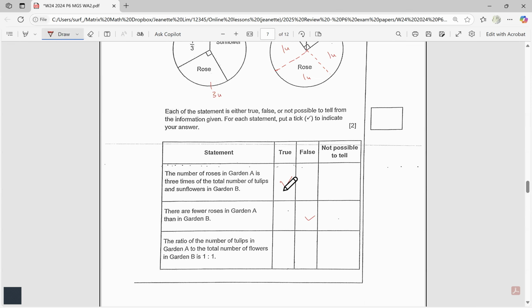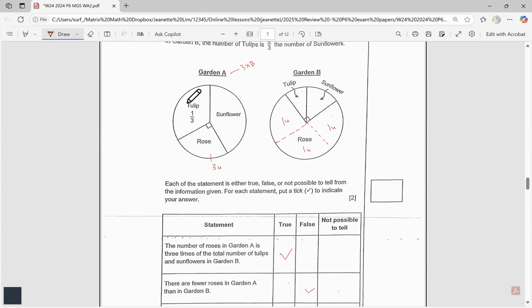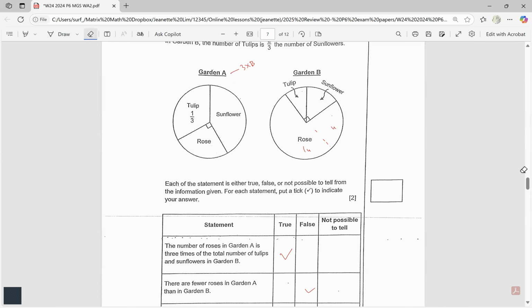The last part: the ratio of the number of tulips in A to the total of flowers in B is 1:1. Tulips is 1/3. Okay, let me just remove the units first. So if tulips is 1/3, the number of tulips here is 3 times the amount of 1/3 in the second one.